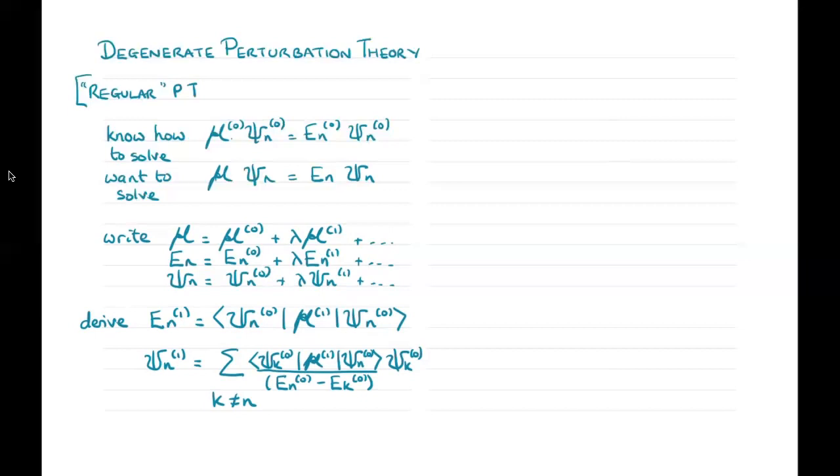And we can see immediately that there's a problem in the case that the zeroth order wave function has degenerate eigenfunctions.